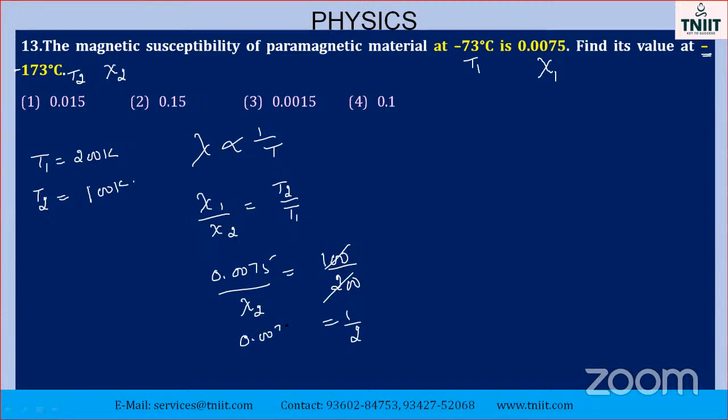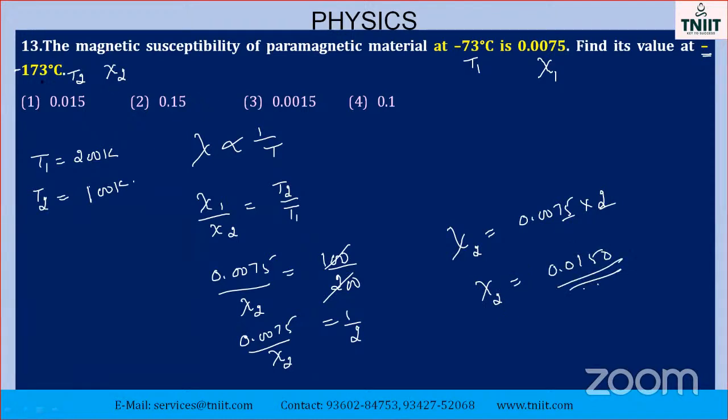So 0.0075 by chi2 equals 1 by 2. On cross multiplication, chi2 will be 0.0075 into 2, that is 0.015. So option 1 is the right answer. Here you have to make use of Curie's law. Chi is inversely proportional to what? Temperature.